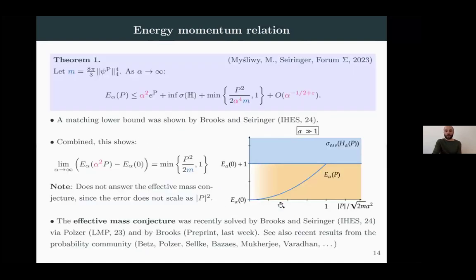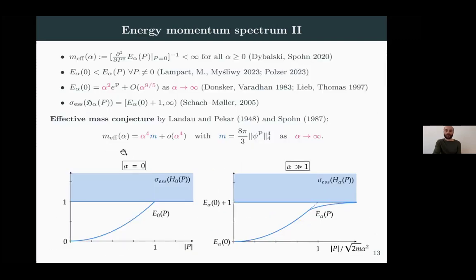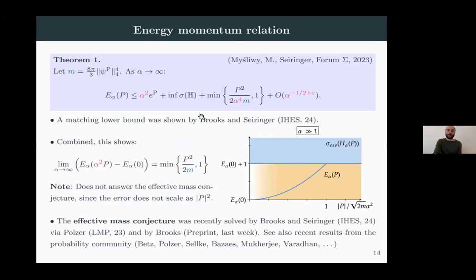And I think now it has been established using mostly these analytic techniques. So Morris and Robert proved an upper bound for the effective mass. And what they did, in fact, is they used the lower bound that matches this upper bound, which a priori has nothing to do with the effective mass because it doesn't say anything about small momenta, since the error really does not scale as p squared.